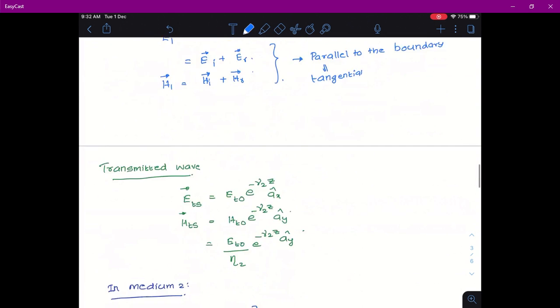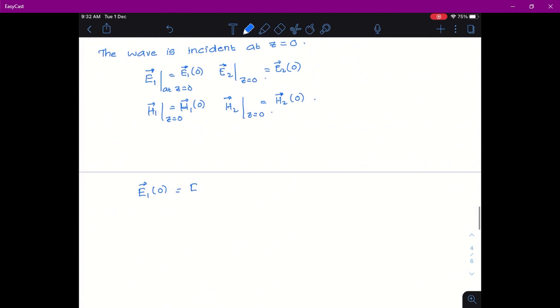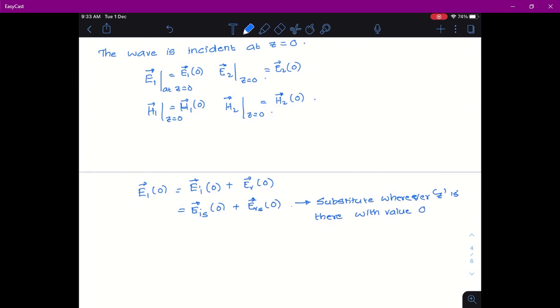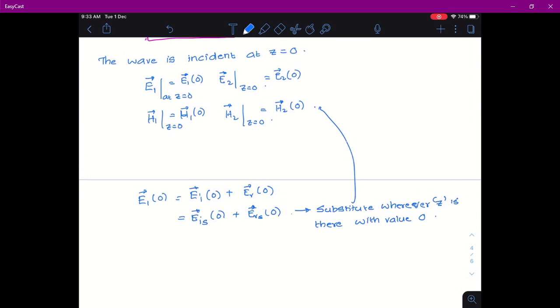So this is EI of 0 plus ER of 0, which is basically EIS of 0 plus ERS of 0, which means you substitute wherever Z is there with value 0. So that is the meaning of this statement.